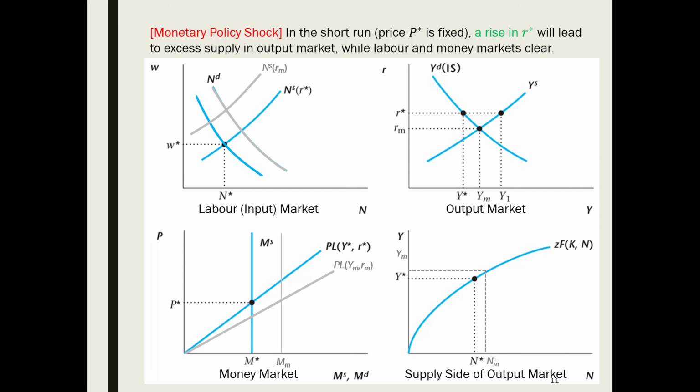Let's assume there is a monetary policy shock in the form of a rise in interest rate. We will discuss the effect of this monetary policy shock in the labor market, output market, money market, and in the production function like before. And the analysis will make use of the intertemporal condition and the intratemporal condition, as well as the equilibrium condition in the money market.